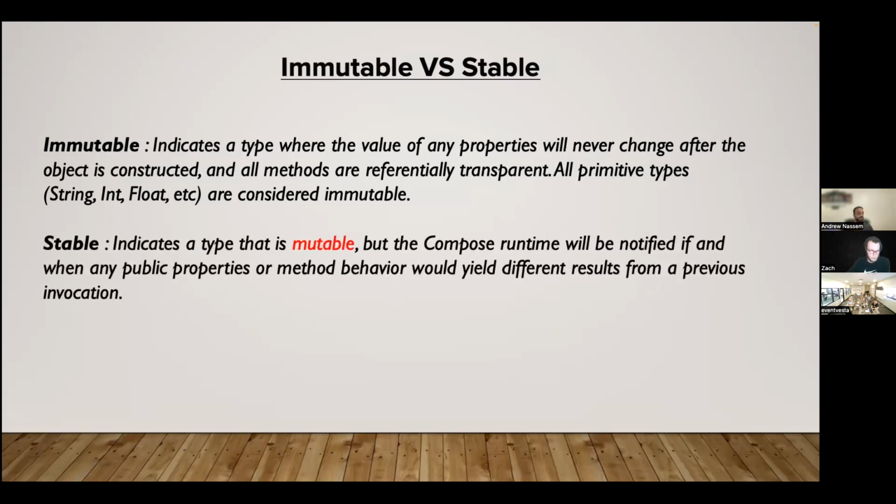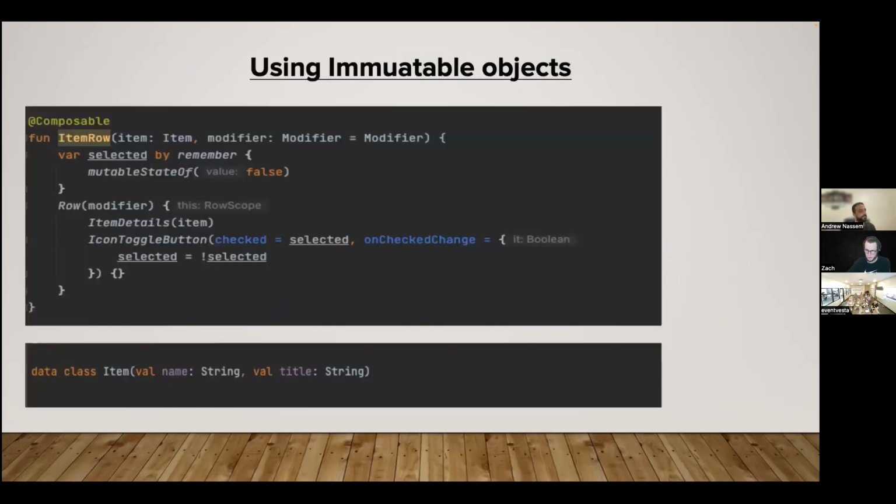Versus stable: stable indicates a type that is mutable, but the Compose runtime will be notified if and when any public property or method behavior would yield a different result from a previous invocation.